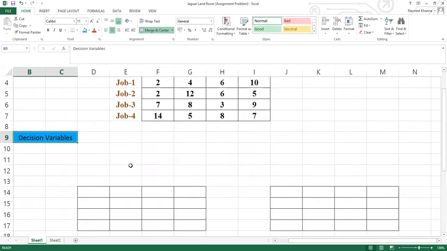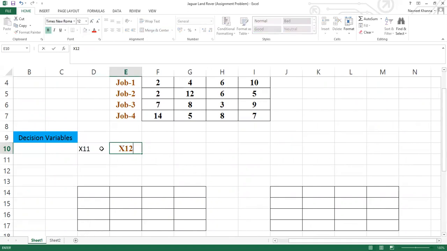So the decision variables are your xij's, right? It will be x11, x12, x13, x14.